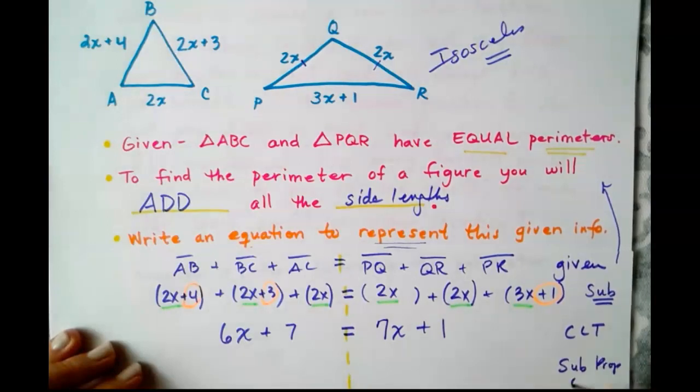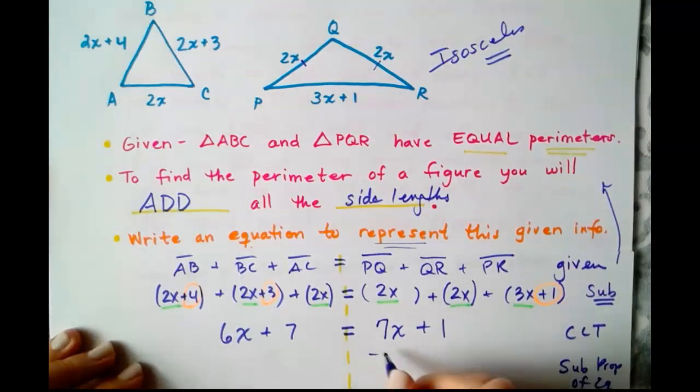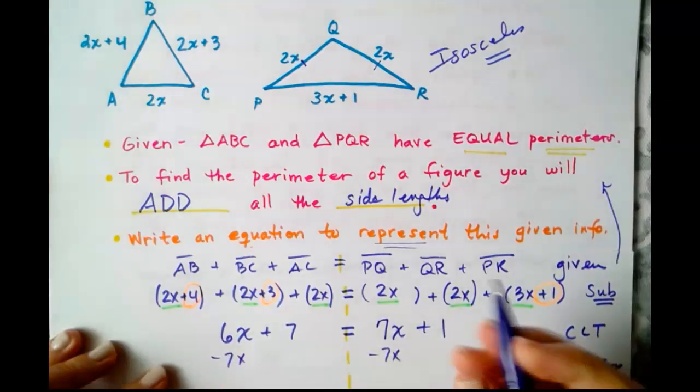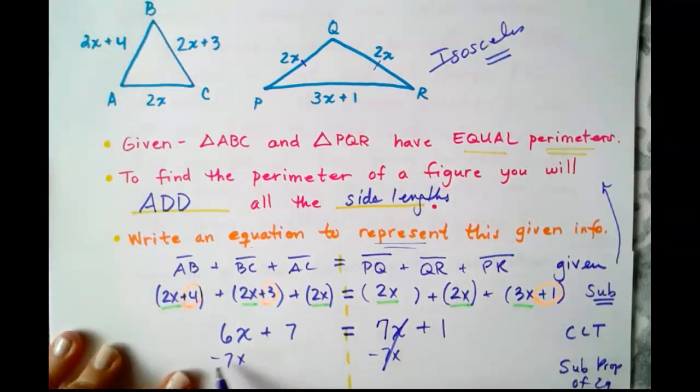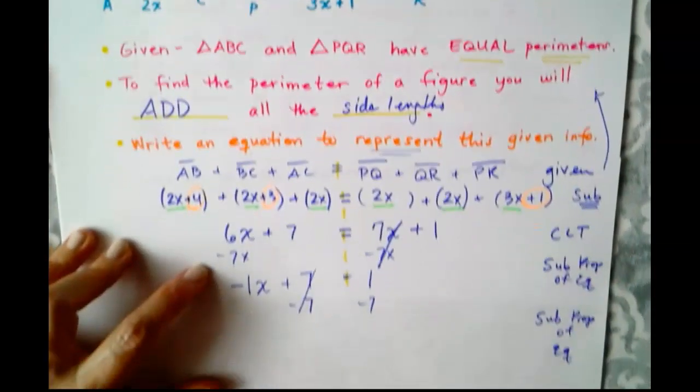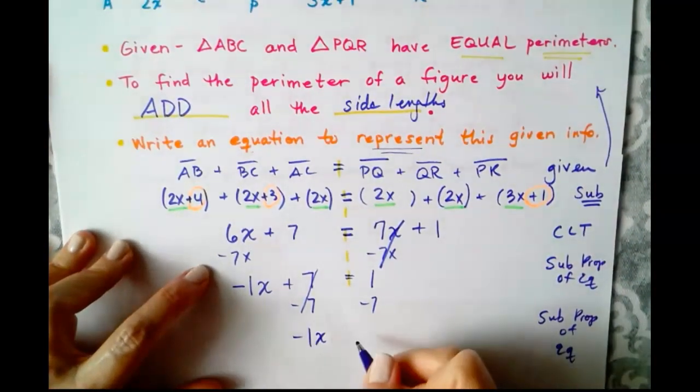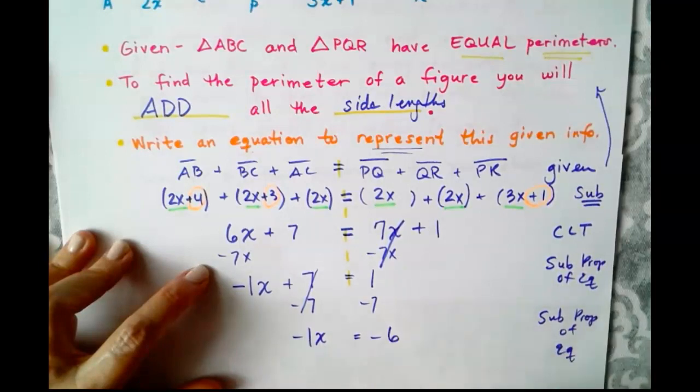subtraction property of equality, and subtract 7x from both sides. 6x minus 7x is negative 1x plus 7 equals 1. And we're going to use the subtraction property of equality again to subtract 7 from both sides. 7's cancel, so now we've got negative 1x equals negative 6.